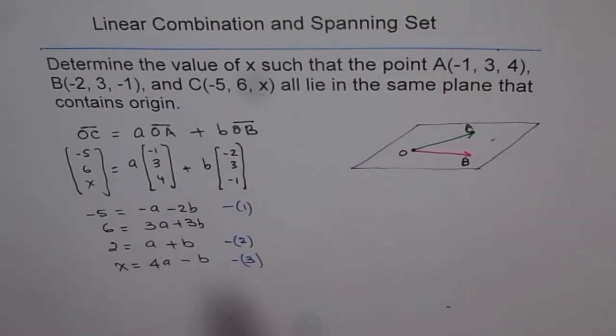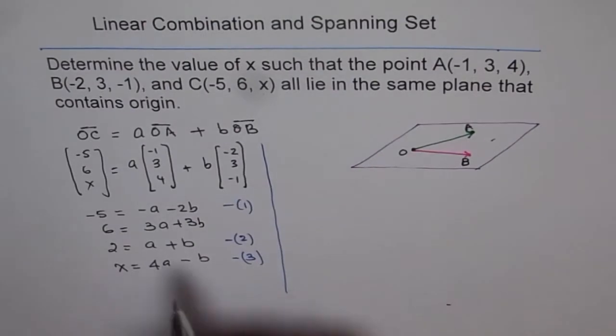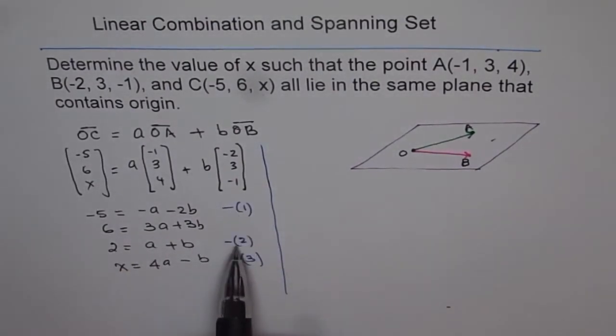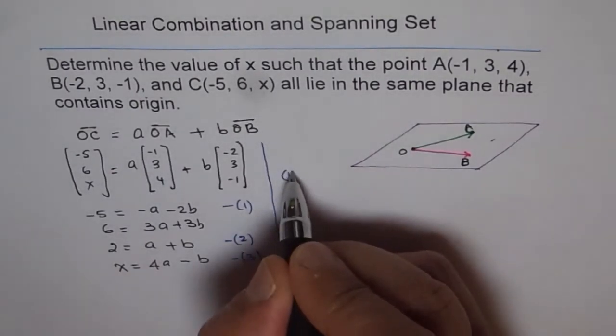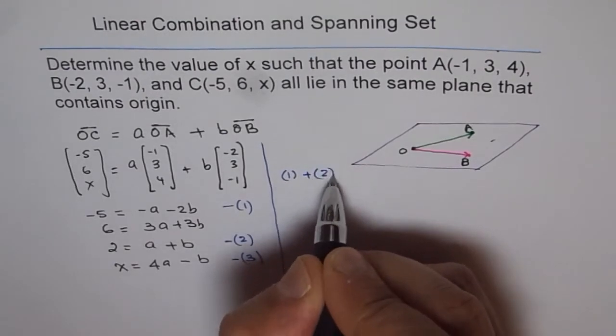Now from here we can solve for a and b. We know equations 1 and 2. If we add them up, what do we get? I'm adding equation 1 and equation 2.